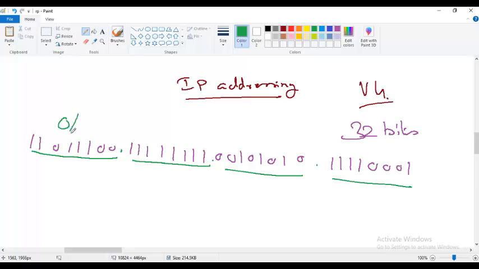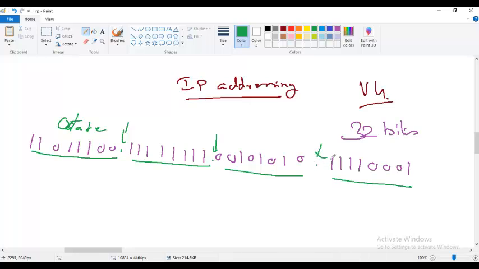IPv4 is 4 octet. Each octet is separated by a decimal, a dot. We write 1 dot 1 dot 1 dot 1. You know how it is.